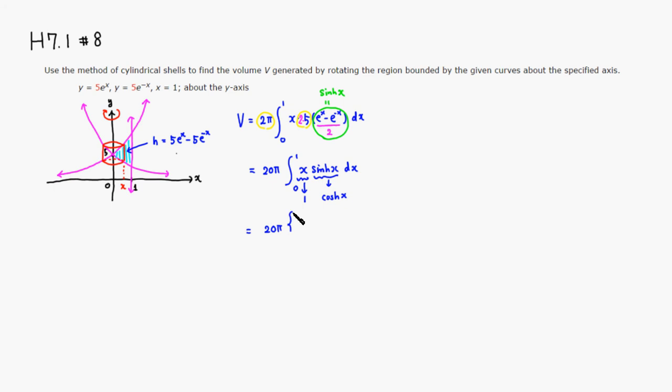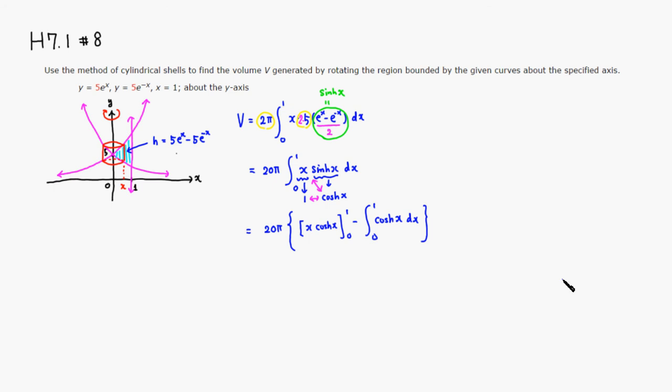So multiplying this way, we have x times the hyperbolic cosine of x, going from 0 to 1, minus the integral from 0 to 1, multiplying sideways, of hyperbolic cosine x dx.